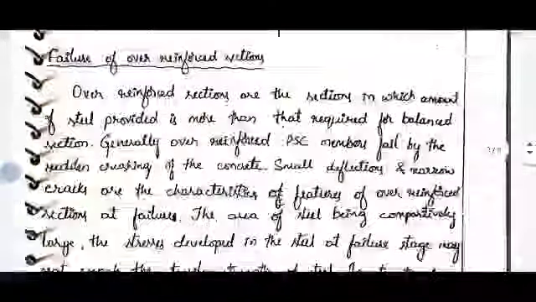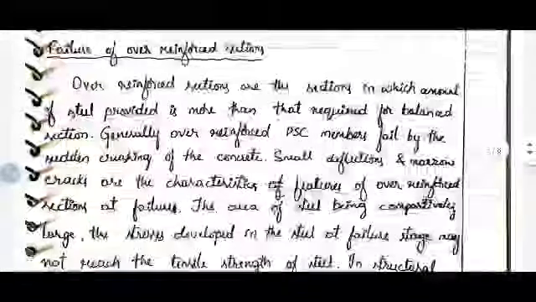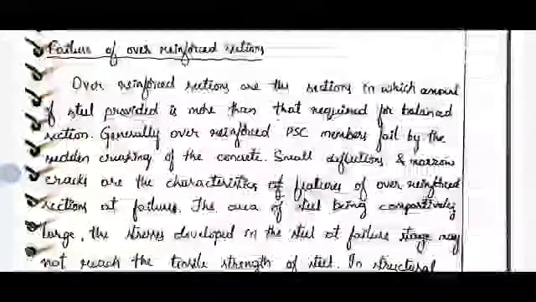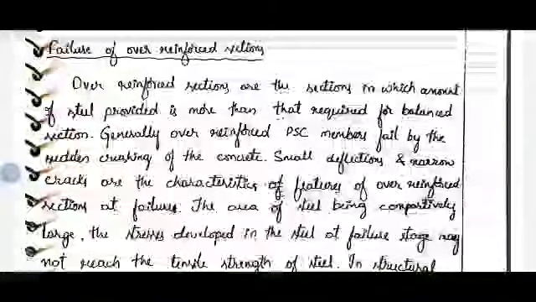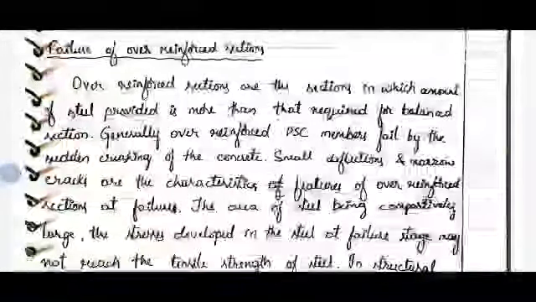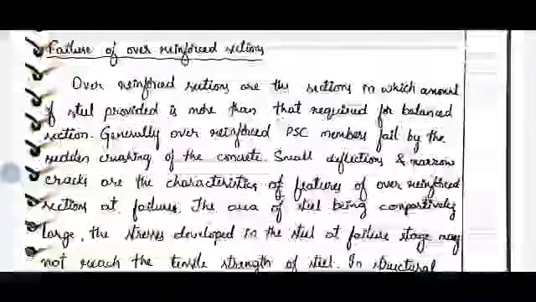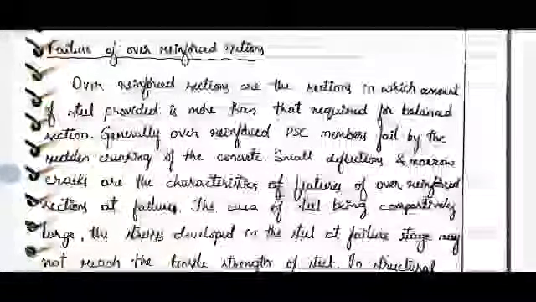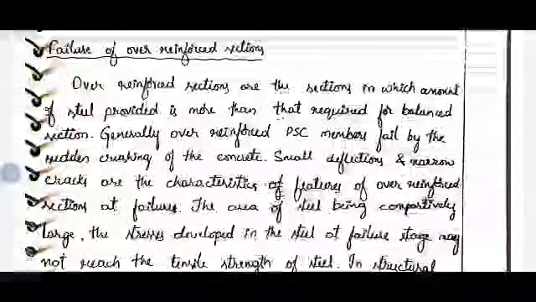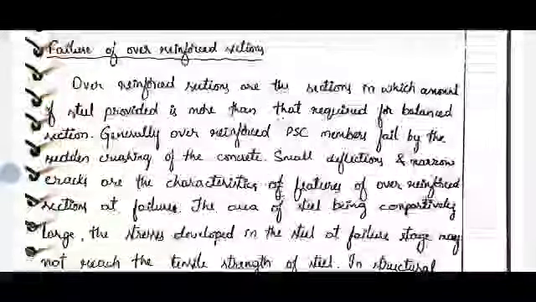Next one is failure of over reinforced sections. If we take the previous example itself, the steel required is 2000 mm square, but we think that we need to give more safety to the beam, so we will provide around 3000 mm square. The required steel of 2000 mm square is enough, but we are providing 3000 mm square keeping safety in mind.